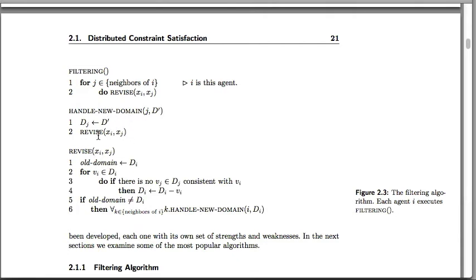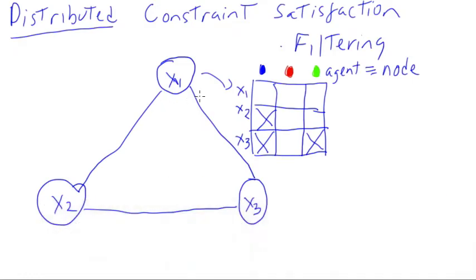And then, because of that, they're going to call revise again. Okay, so let's look at that. Let's say the first thing x1 does is check all his three colors. He's going to do revise for agent x1. Remember, we're doing x1 revise x1, x3.